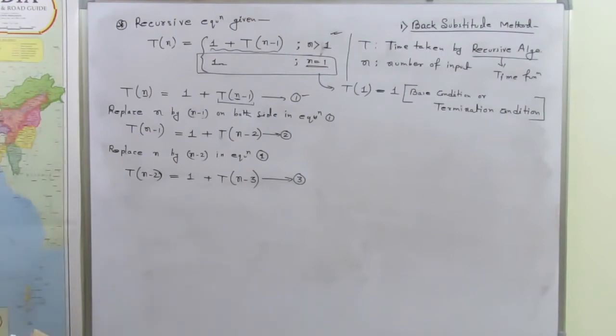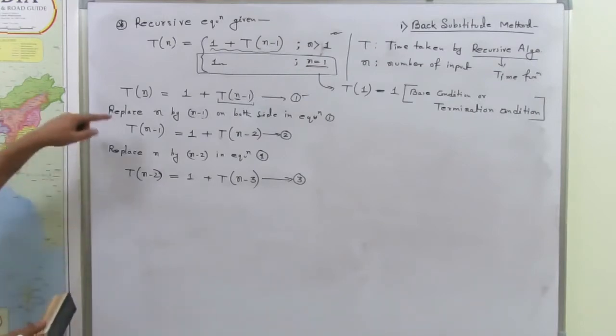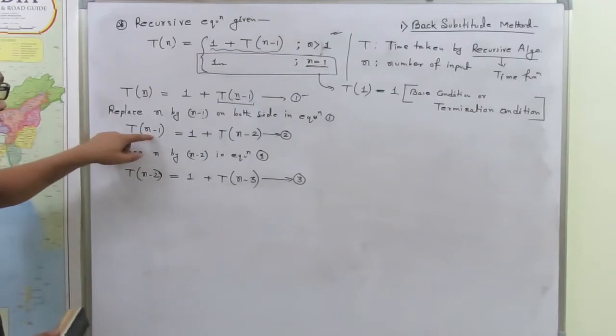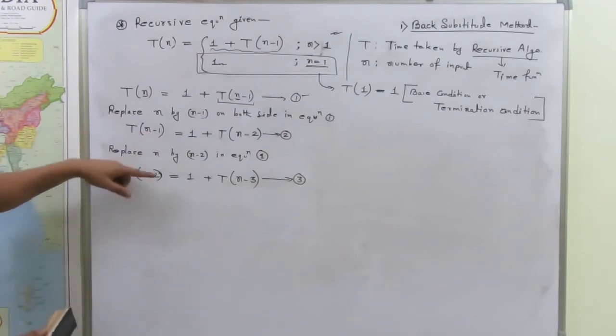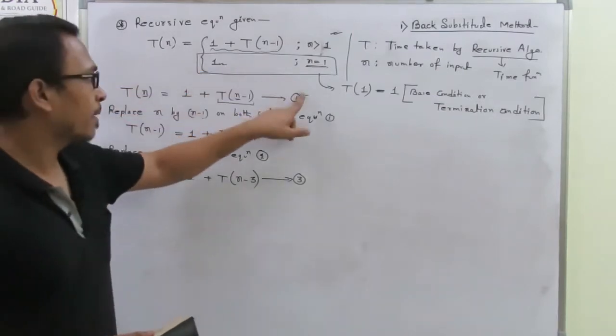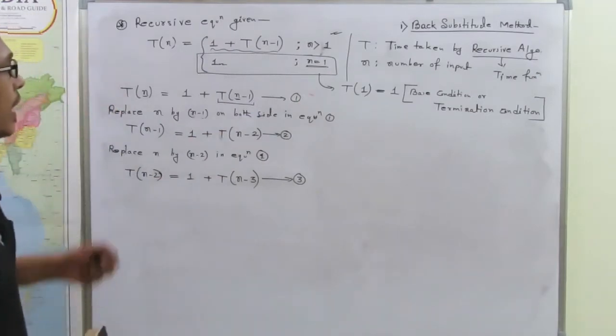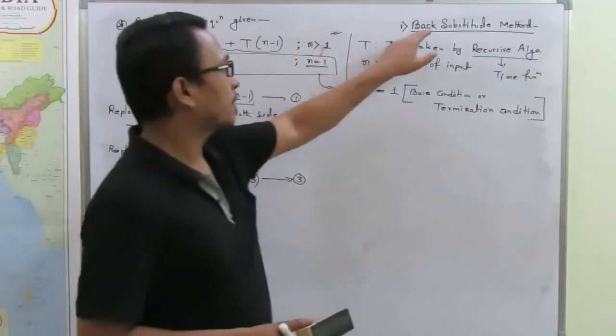Next, what we will do? Now we will back substitute the values of t of n minus 1 and t of n minus 2 in equation 1. Now we apply the concept of back substitute.